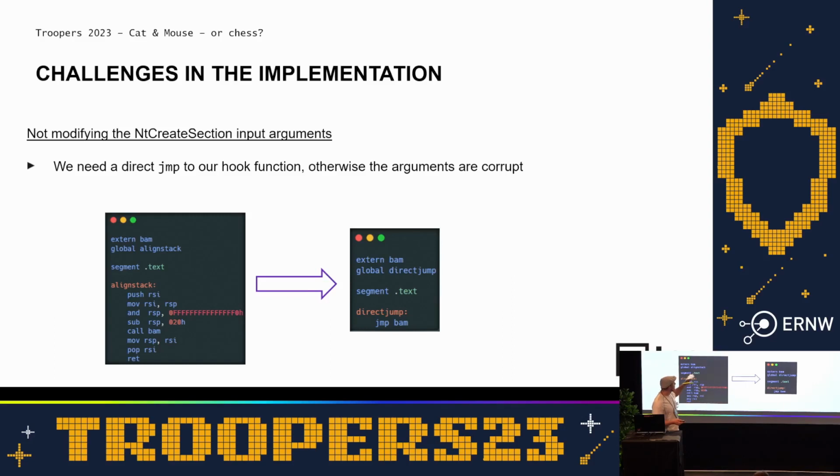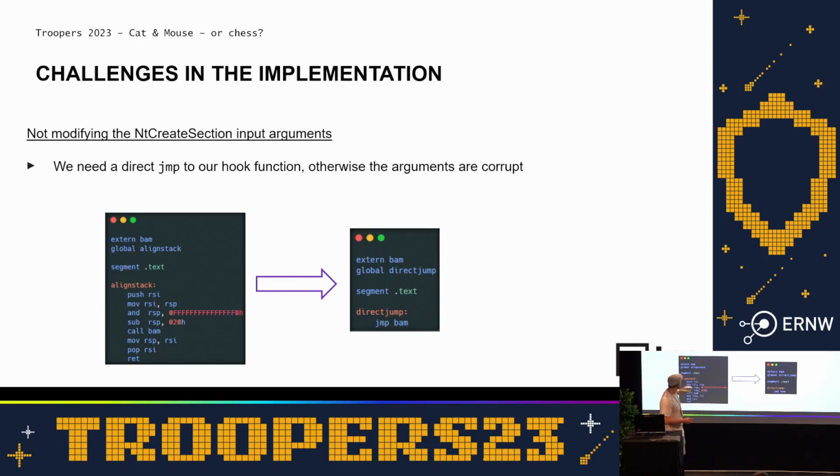But this is not something we can do in our proof of concept, because this assembler code does some stack modifications. And these stack modifications corrupt the input parameters for NT_create_section because they are on the stack. So this cannot be used. What are we doing instead? Instead, we are directly jumping to the function which is the hook of NT_create_section, which blocks DLLs from loading.